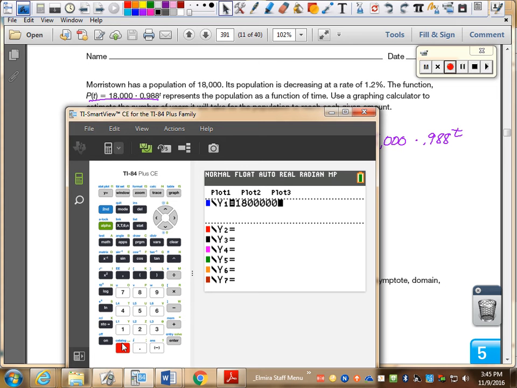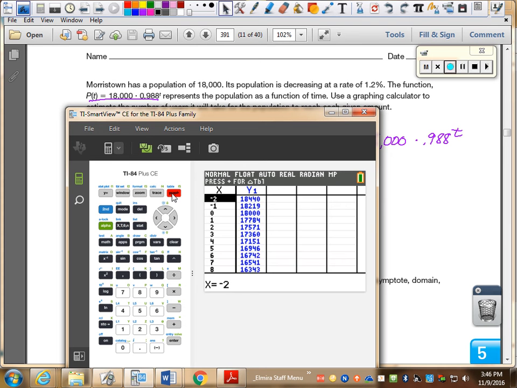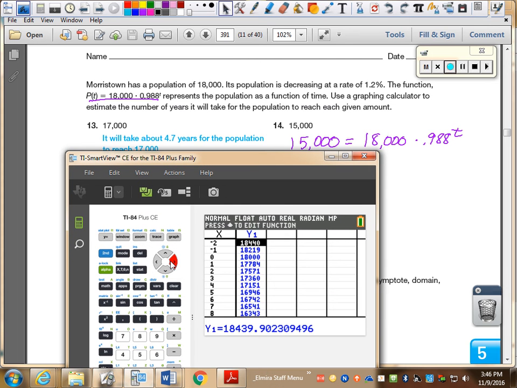18,000 times 0.988 to the x power. 18,000 times 0.988 to the t power. Okay. Table. Kind of annoying, but this is what you've got to do. I'm going to go to the y column, and I'm going to scroll.